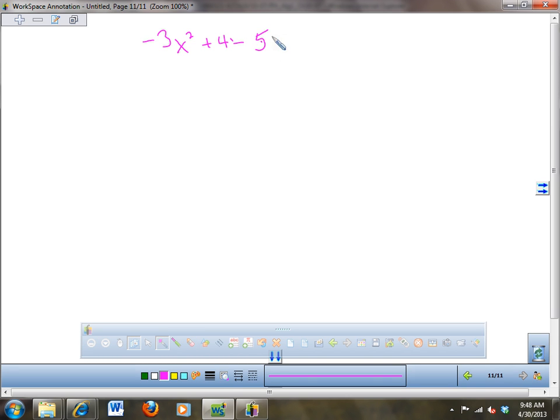Minus 3x squared plus 4x minus 5 equals 0. How many solutions? That's what happens when I make problems up. How many solutions? Okay? What's b squared?